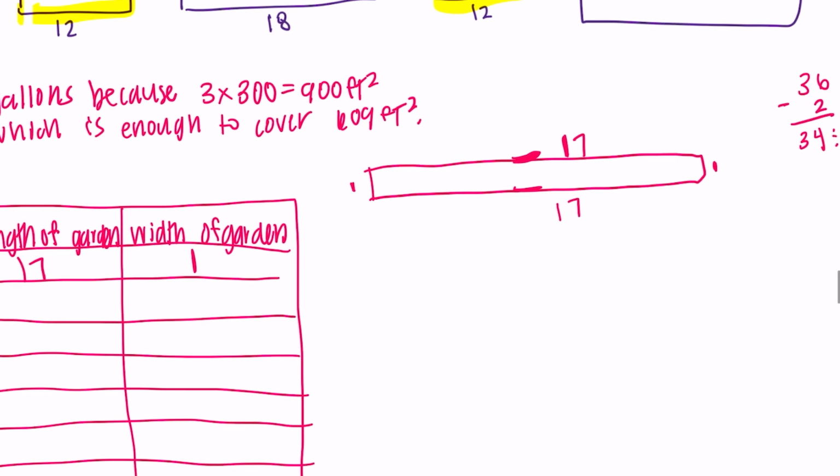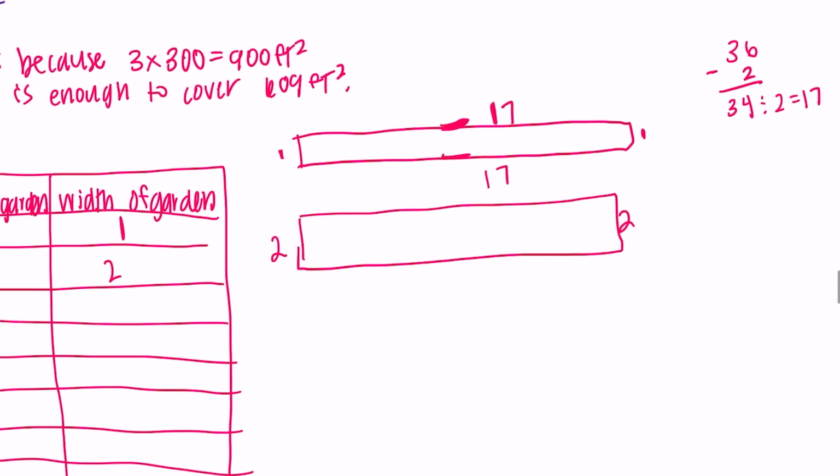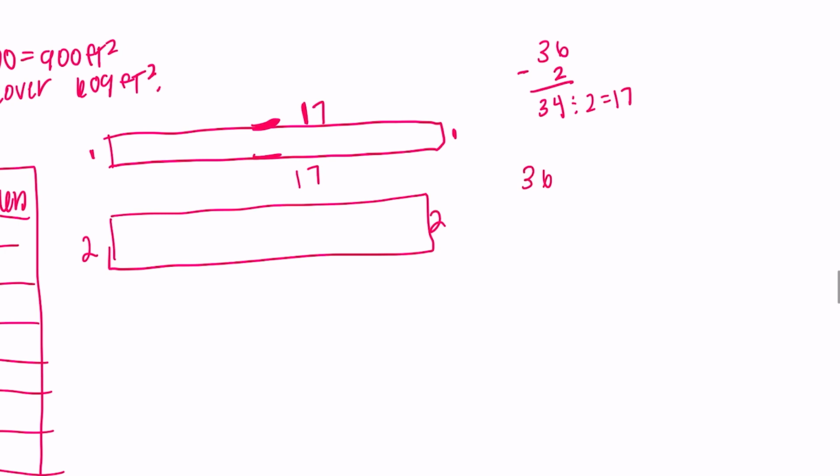So if I wanted to expand it a little bit and make it bigger, say I made the width 2, each side would be 2, so 36 minus 4. I'd have 32 left. If I divide that by 2, I get 16.